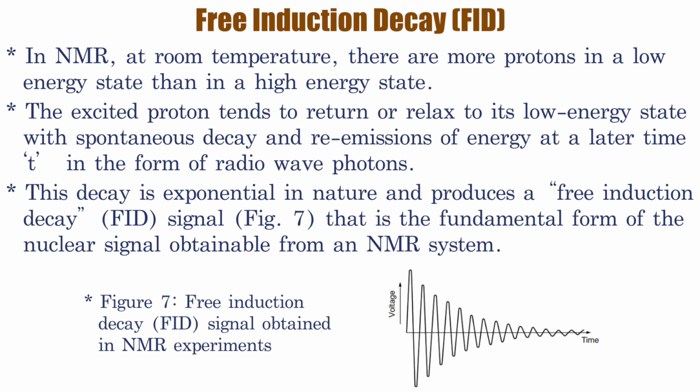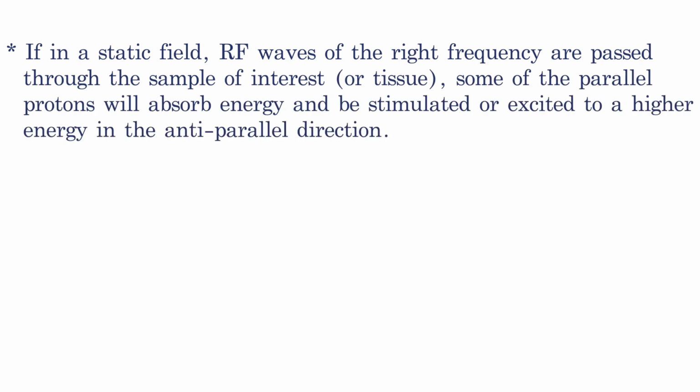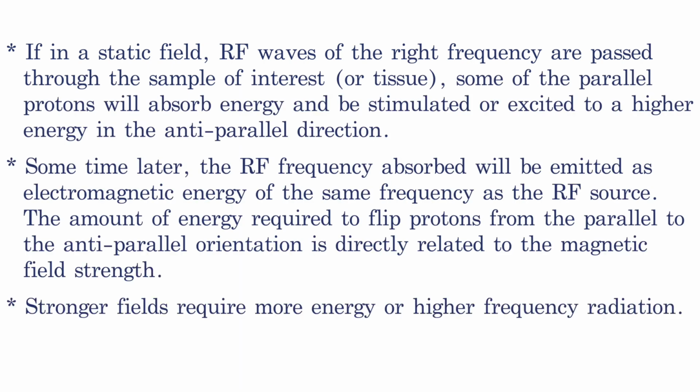an NMR system. If in a static field RF waves of the right frequency are passed through the sample of interest or tissue, some of the parallel protons will absorb energy and be stimulated or excited to a higher energy in the anti-parallel direction. Sometime later, the radio frequency absorbed will be emitted as electromagnetic energy of the same frequency as the RF source.